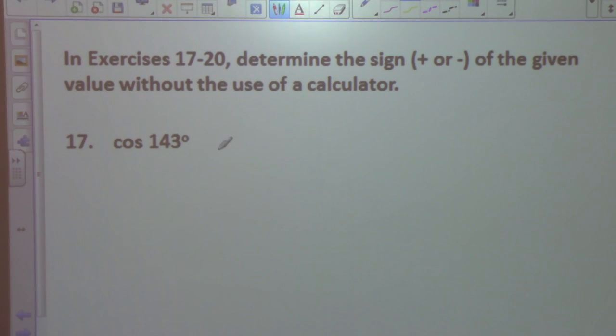And so I know that cosine is going to be negative in that interval, right? So the answer to number 17 is negative. Okay, so that is our answer to number 17. And likewise, 18, 19, and 20, the answer is just going to be positive or negative. That's all it is.